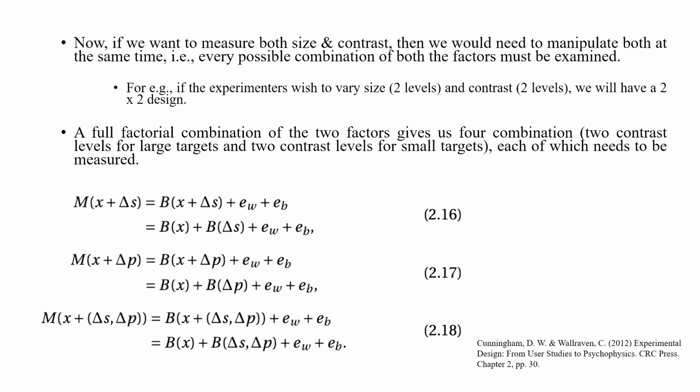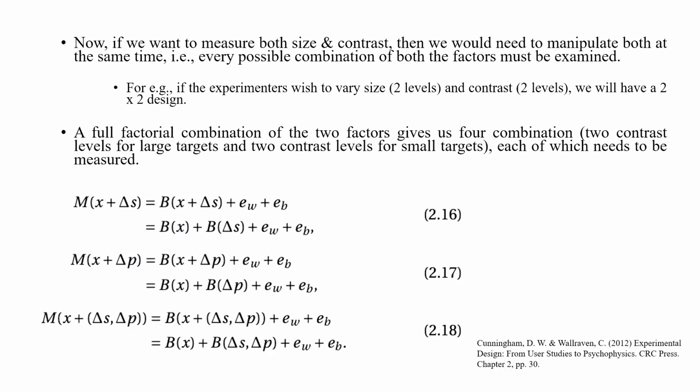Now if we want to measure both size and contrast, so we have more factors. You will have x plus delta s and you have x plus delta p, which is the effect of contrast. Remember we are talking about contrast change in steps of 10, 1 p is equal to 1 step, 2 p is equal to 2 steps, and so on. So a full factorial combination will lead to us having two factors with two levels.